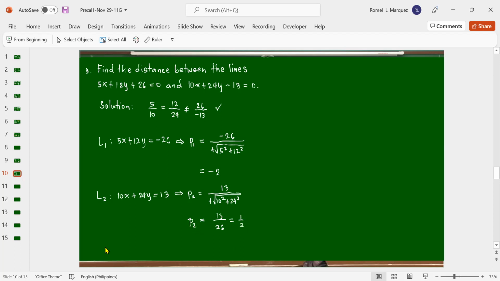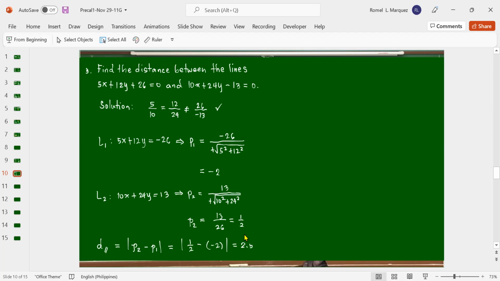Then we get the difference, no? So the distance between these two parallel lines is equal to the absolute value of P sub 2 minus P sub 1, or P sub 1 minus P sub 2. So that is 1/2 minus -2, no? Guys? What is now the answer? That is 2.5, right?